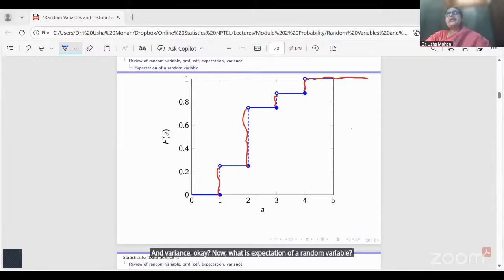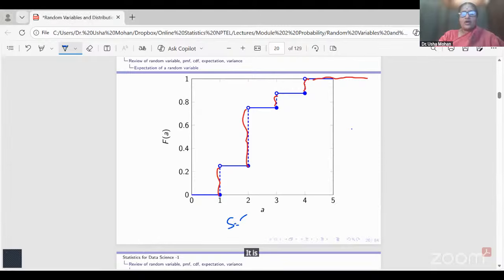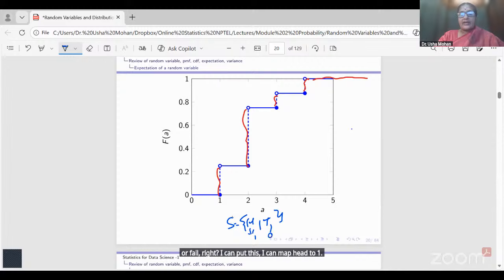For example, let me talk about the experiment of tossing a coin once. What are the outcomes of this experiment? Head or tail. I can map head to 1 and tail to 0.